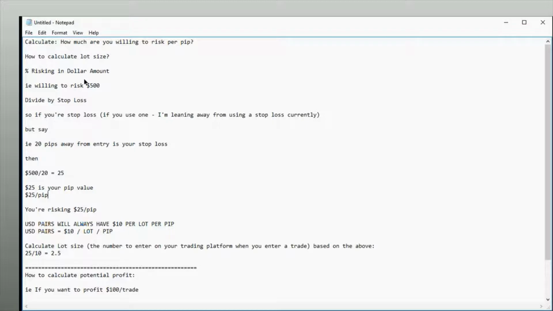So you can fill in the numbers, but whatever your account balance is, like if your account balance was $1,000 and you wanted to risk 2%, you'd be risking $20 per pip. So the numbers will change. You'll use this calculation often as you grow your account.